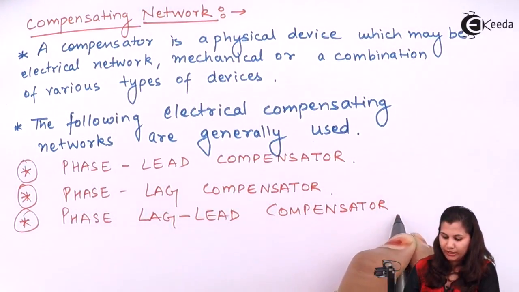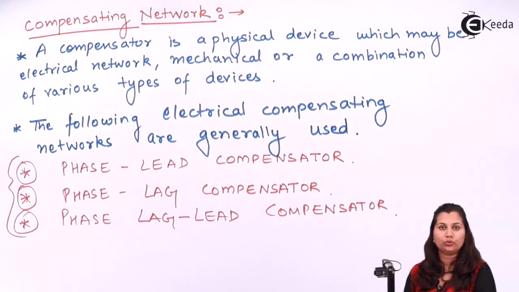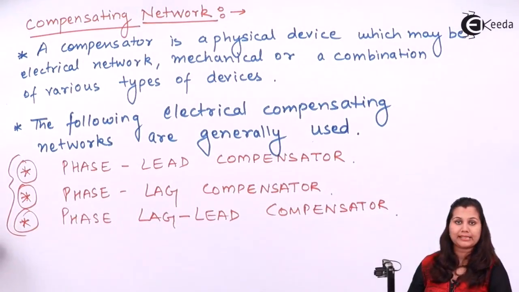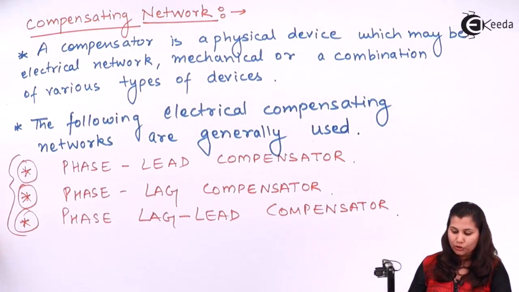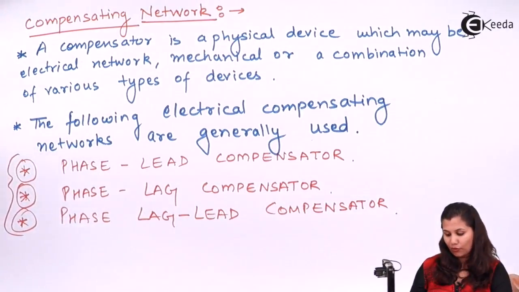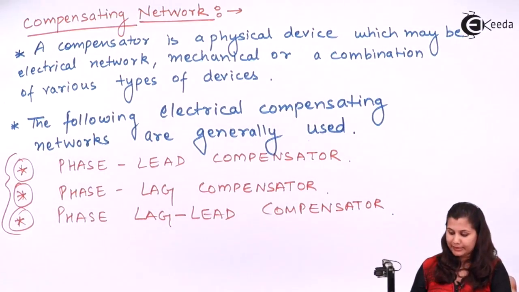So these are the three electrical compensating networks which are generally used in control systems, and they provide the compensation in the control systems. Let us study the basis of these phase lead, phase lag and phase lag-lead compensators.